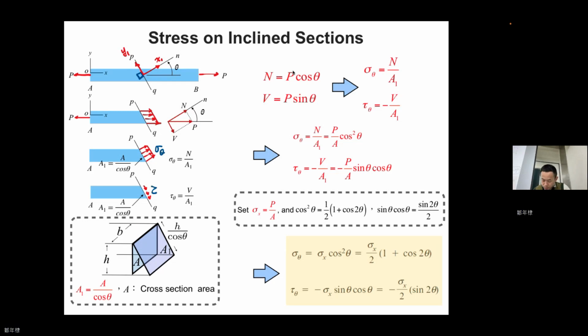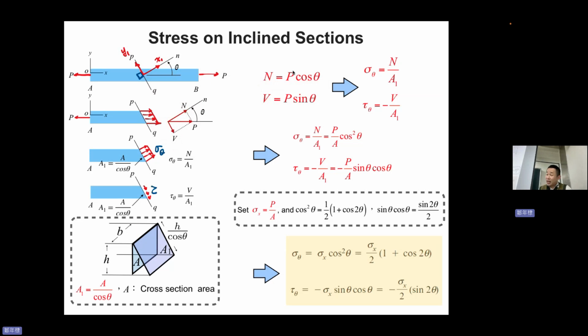So now N and V are equal to P cosine theta and P sine theta. Of course, you see that this x1 and x have the angle theta. So your N here will be P cosine theta. V will be P sine theta. Okay? And then P cosine theta is N. V is P sine theta.